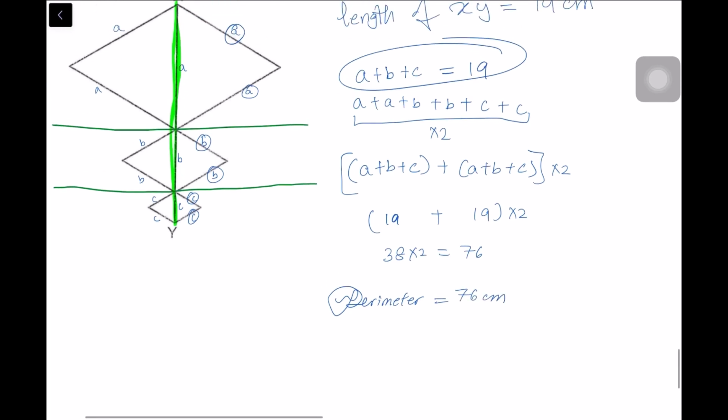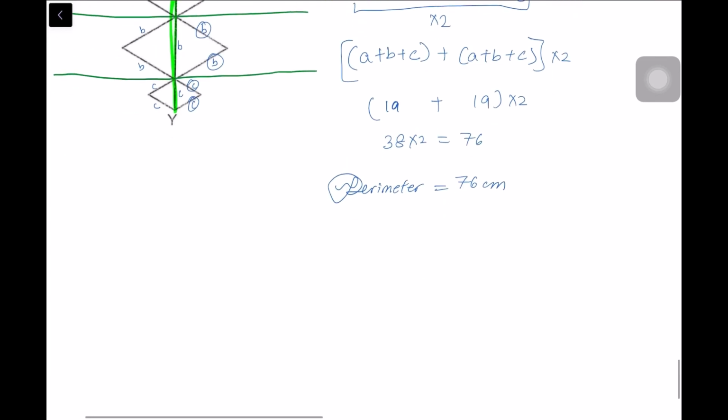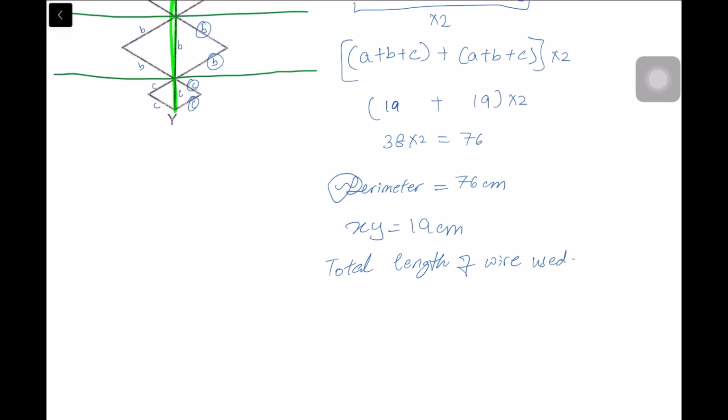And the inner length, or rather the length of xy, is equal to 19 cm. So it means the total length of copper wire used is equal to 76 plus 19, which is 95 centimeters.